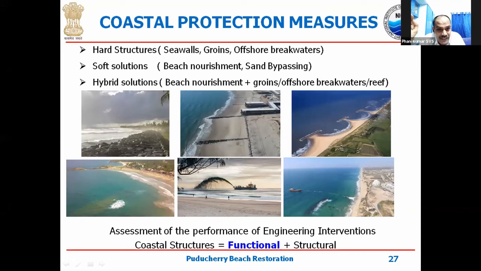And when you have a seawall, you can arrest the sea encroachment beyond the seawall, but immediately adjacent to the seawall on the seaside, the sand will get eroded gradually, and there will be a big deficit of sand for a vast region. This is what we found in Pondicherry. Next slide, please.